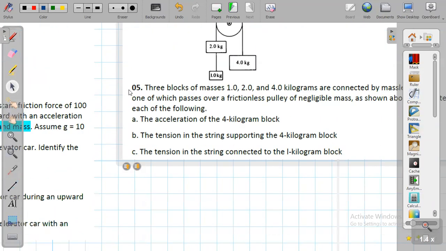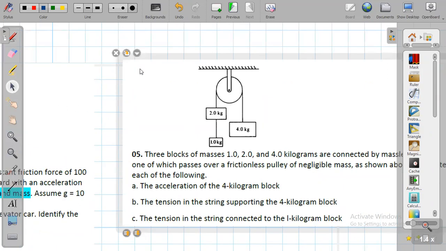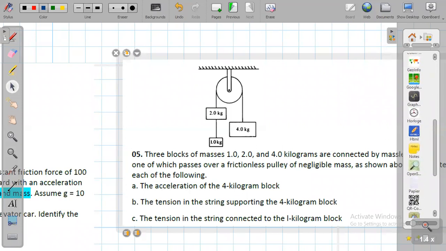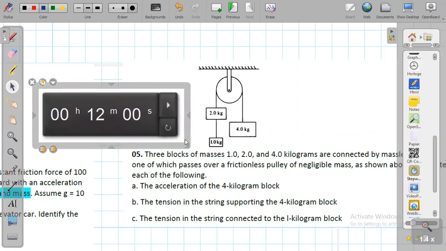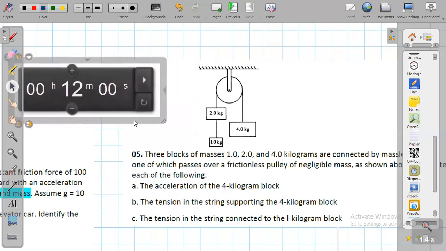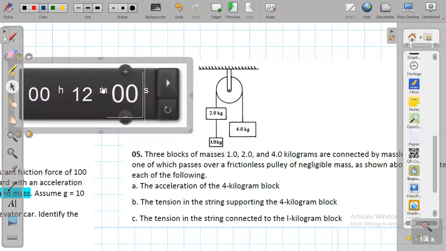I will give you 12 minutes for these two questions, question number 1 and question number 5. Your timer starts now. Quickly start doing.